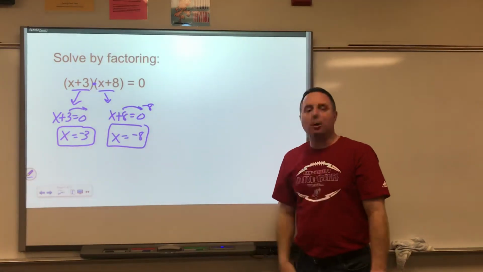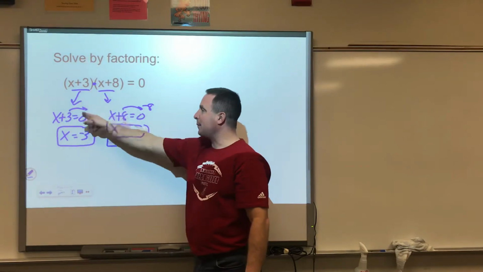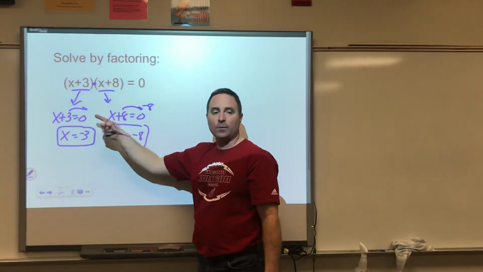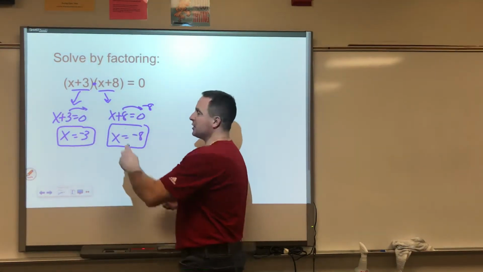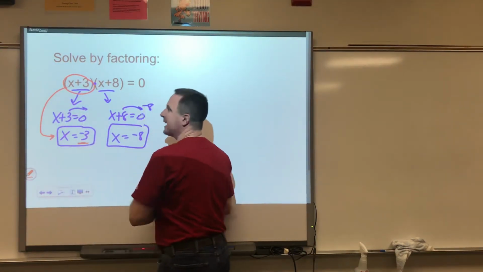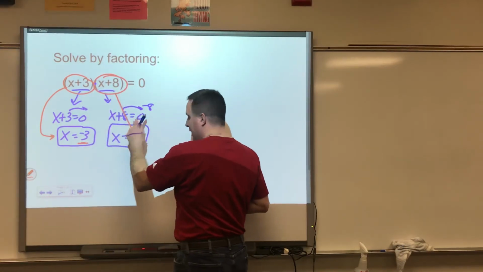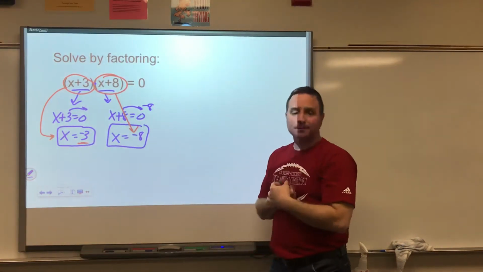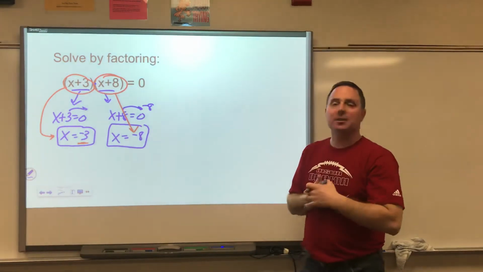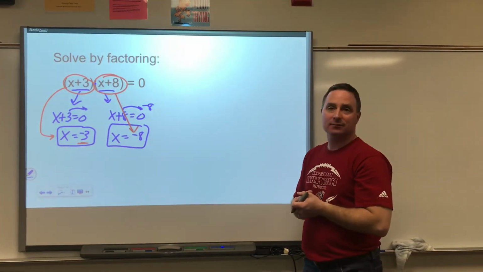Now there's a little bit of a shortcut that we can use. It's not too bad to write these as two separate equations and set them equal to 0. But many of you might see a relationship. Is there a relationship between x plus 3 and the answer being negative 3? And x plus 8 and the answer being negative 8? There's a relationship there. The solution is the opposite of whatever's in the parentheses.